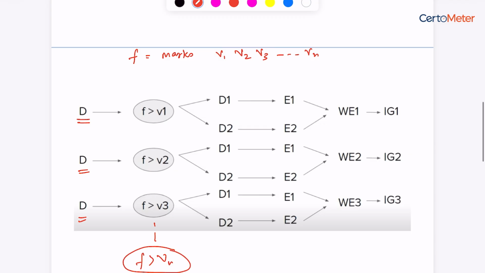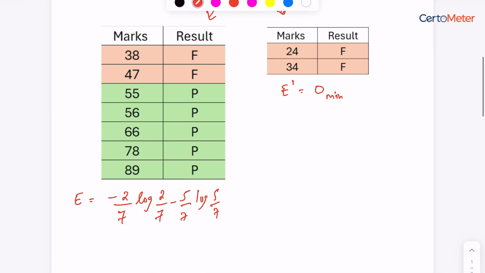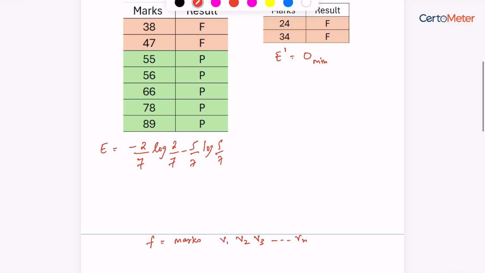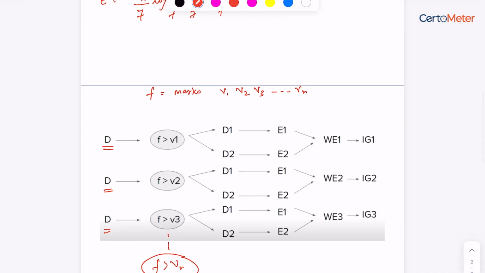So first with the first value, then second value, then third value and so on. On splitting with every value, I am going to get 2 data sets like this, right? Every time I make a split, one would be for yes and the other would be for no.